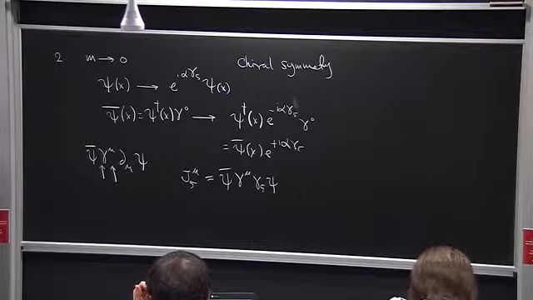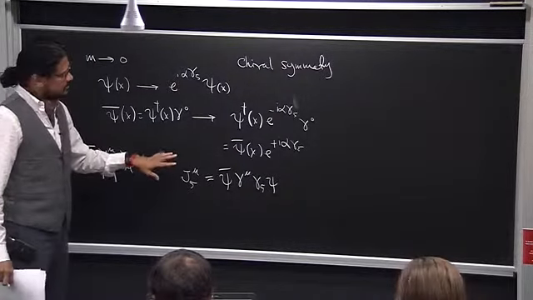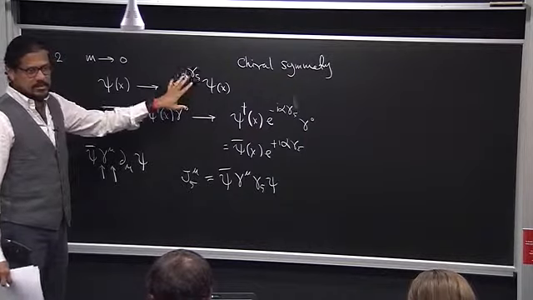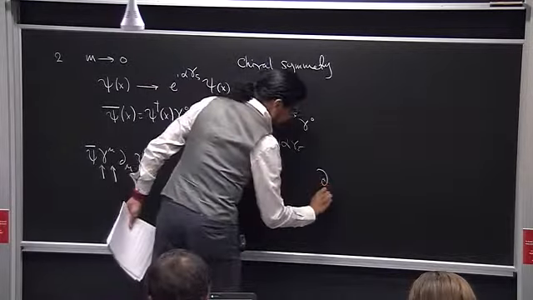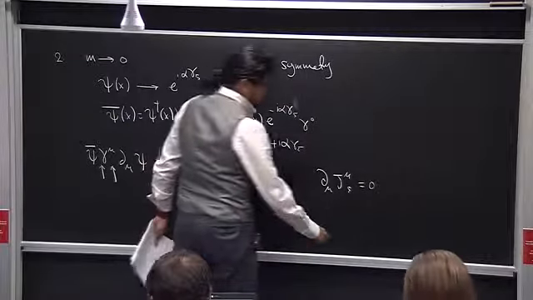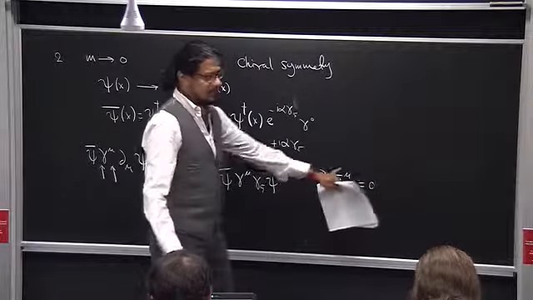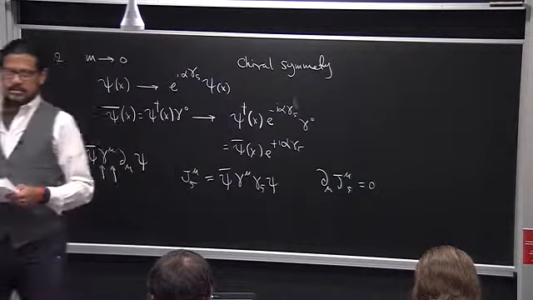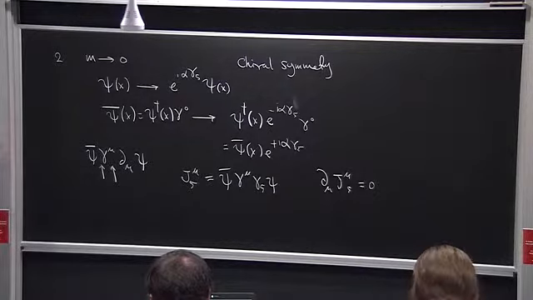Now, if you were to quantize this theory, and this is something you will see in your QFT3 course, you'll see that quantum effects will actually break the symmetry, in the sense that classically you have this, but when quantum effects are taken into account, this is no longer true. The right-hand side will be non-zero. That you will see in your later course, and that is an example of what is known as an anomaly, where a classical symmetry gets broken by quantum effects.